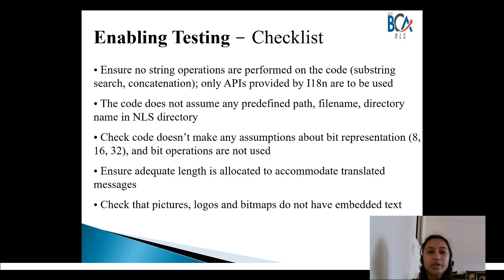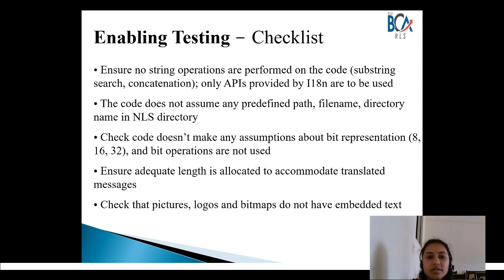Also ensure no string operations are performed in the code; only the APIs which provide I18n are to be used. The code should not assume any predefined path, file name or directories, so you need to specify them.